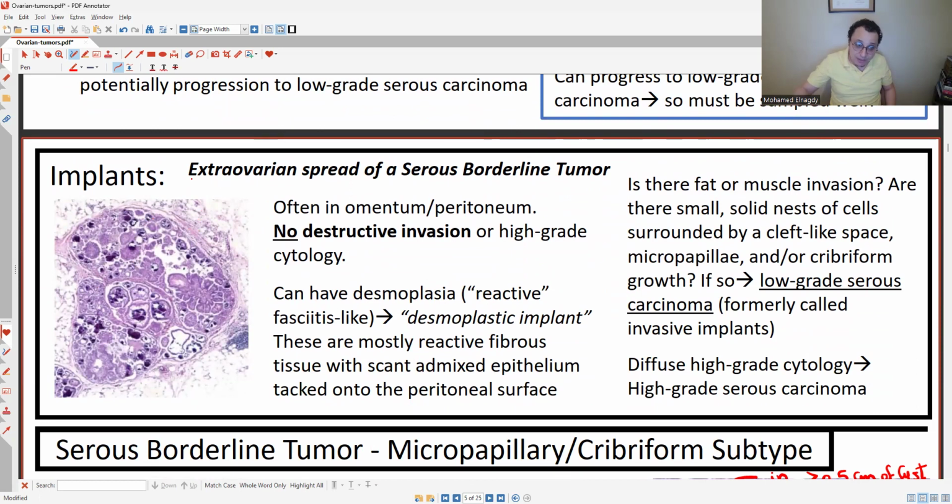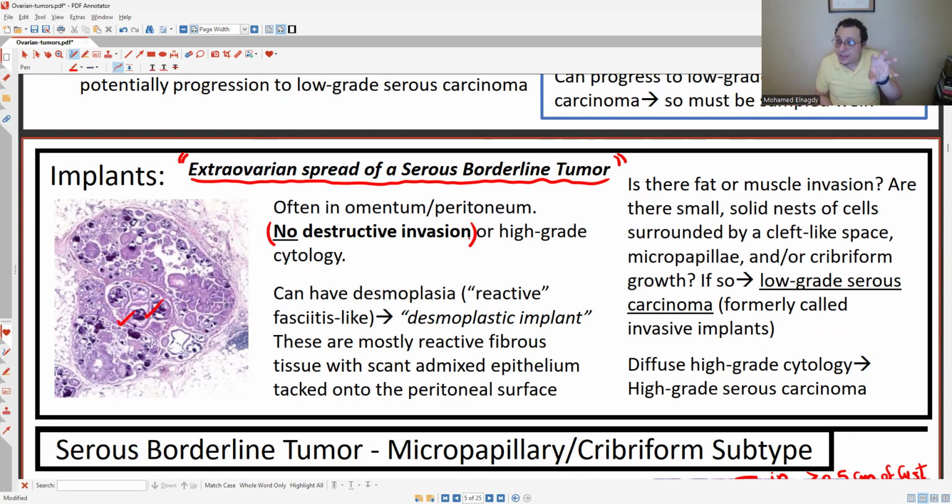And this is how it is described: some kind of extra-ovarian spread of serous borderline tumor. So they don't call it a serous carcinoma. You will have peritoneal implants which look exactly the same as the primary ovarian tumor, and there is no destructive invasion.